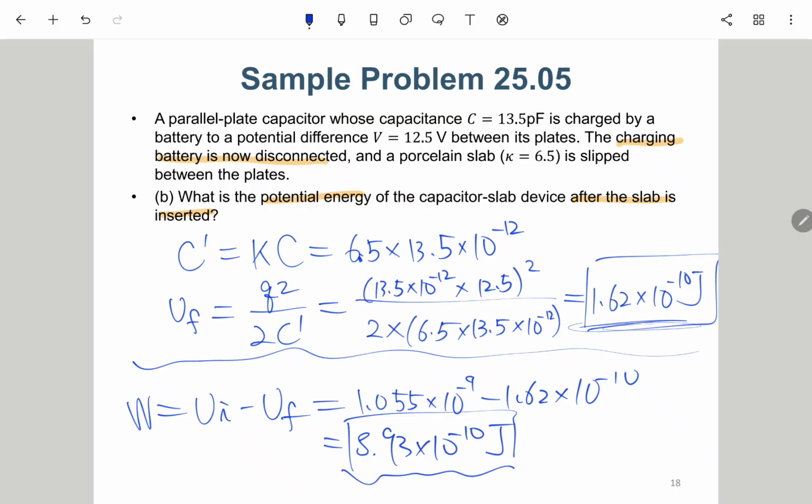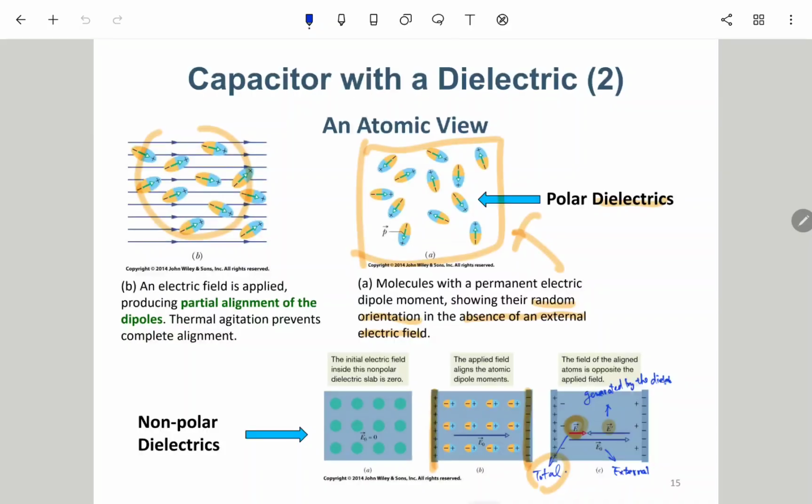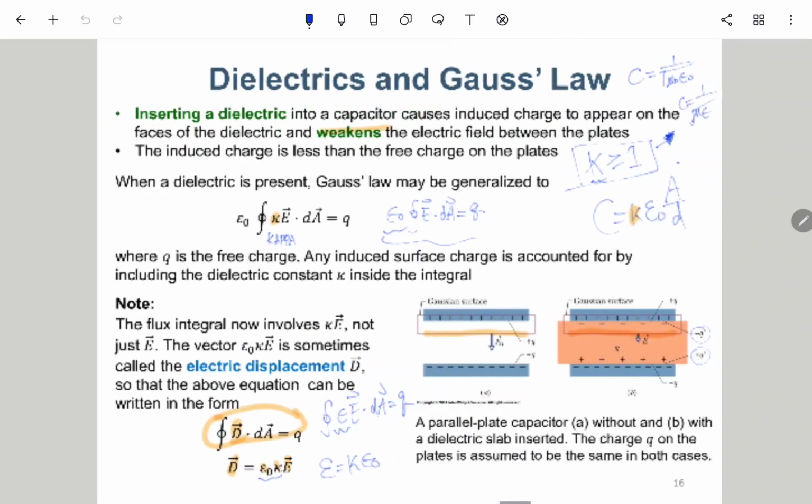So some of the energy goes in the dielectric because, as I mentioned, if you have a dielectric inside the capacitor, it will generate some E field, cancel some of the external E field. So there is some energy stored in the dielectric itself.